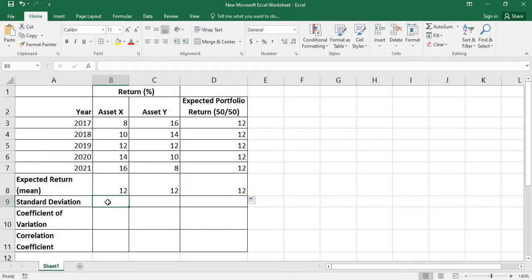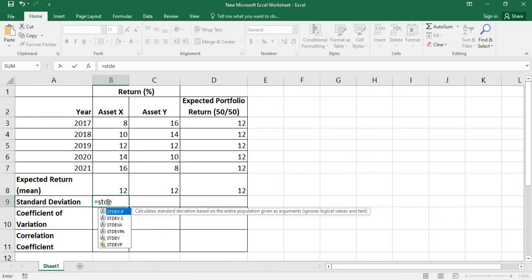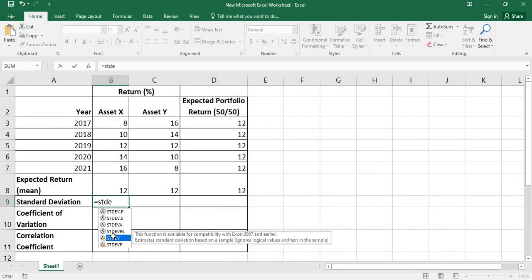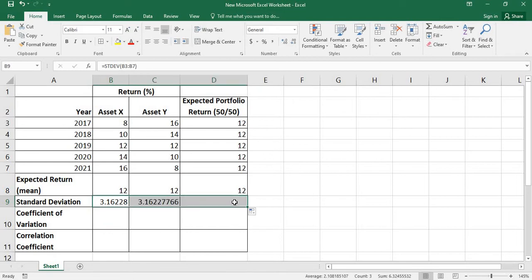So based on the expected return or mean, asset X, asset Y, and 50-50 portfolio are the same. Now we'll calculate standard deviation. Again, insert equal sign, then write down STDEV. So you'll find your option here, STDEV, first bracket, then select your data, close your bracket, press enter. So then do it for others.